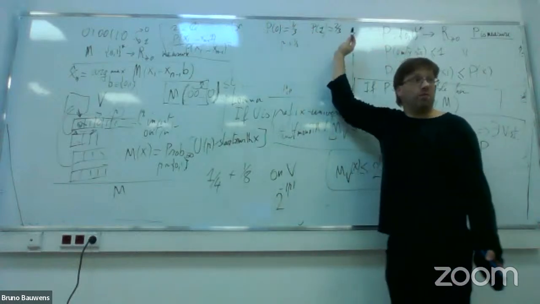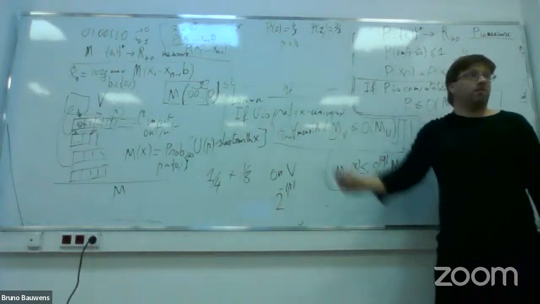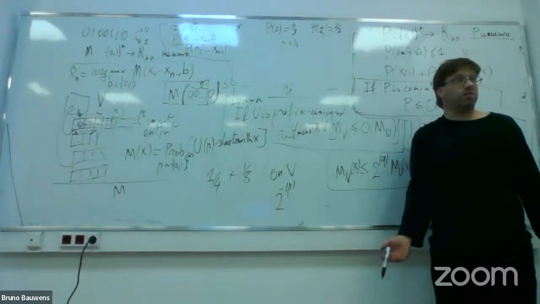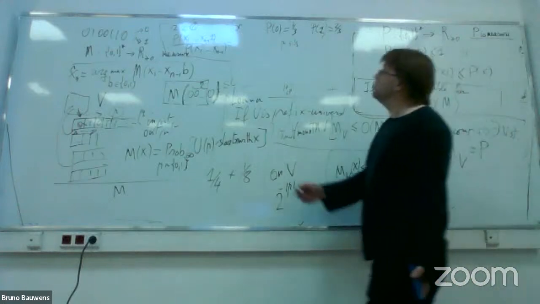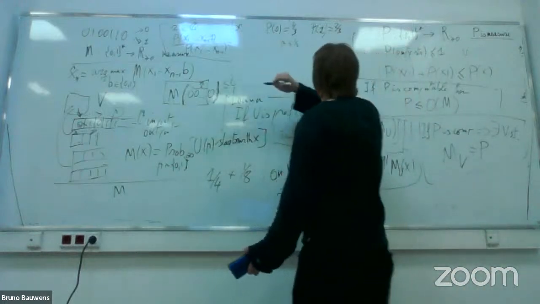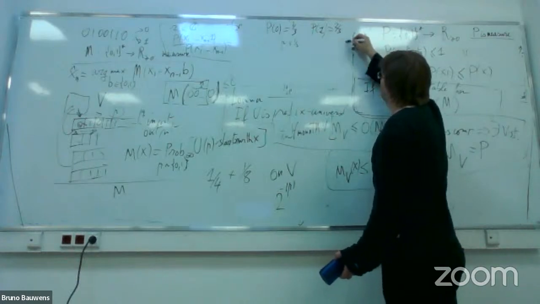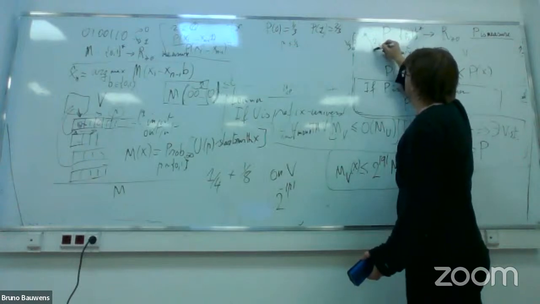If it's more than 1/3, it will print 1. And then the first bit is correct with probability 1/3 or 2/3. And then it can do the same thing for the second bit. So now we have 1/3 for 0 and 2/3 for 1.